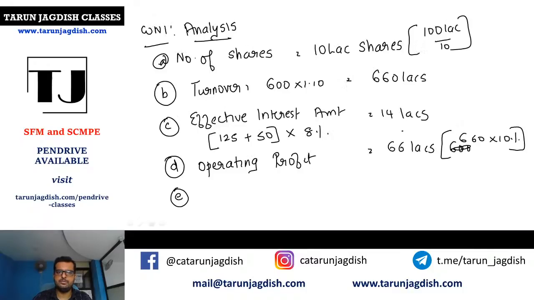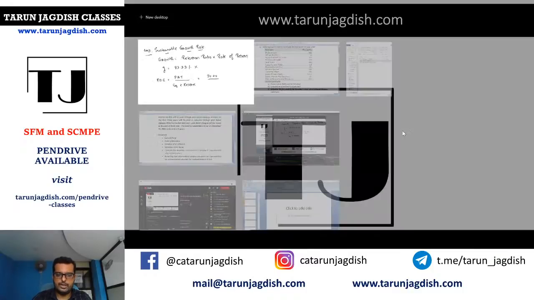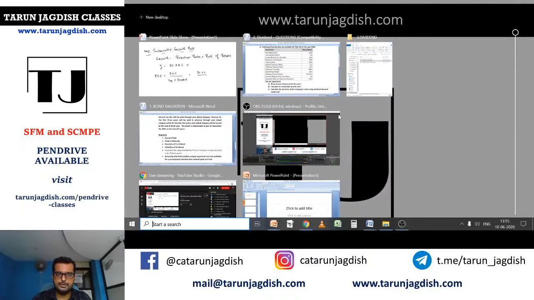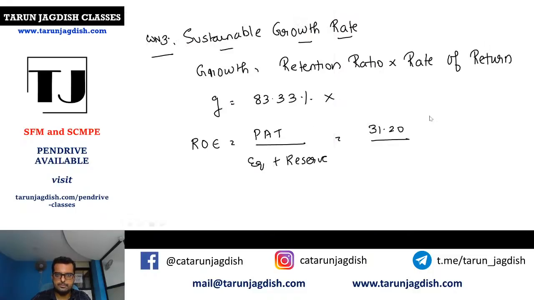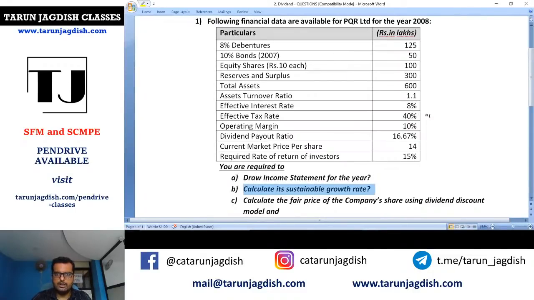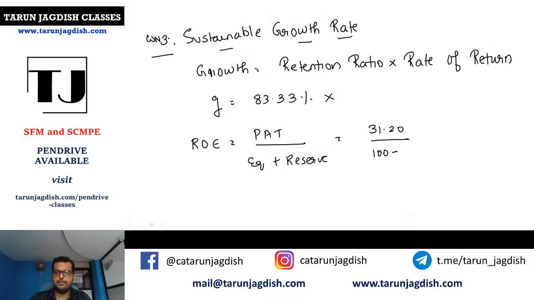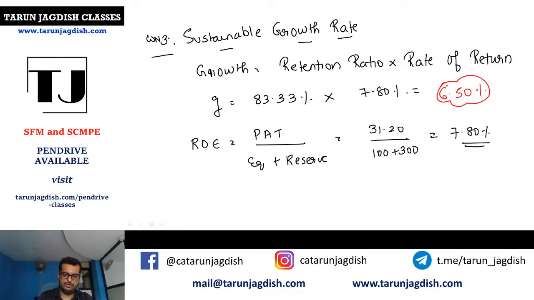I need to check the question for that, I believe. That is 100 plus 300. So I'll get the answer as 31.2 divided by 400. That turns out to be 7.80%. So growth will be this into 7.8%, which turns out to be 6.50%. Everyone please check.